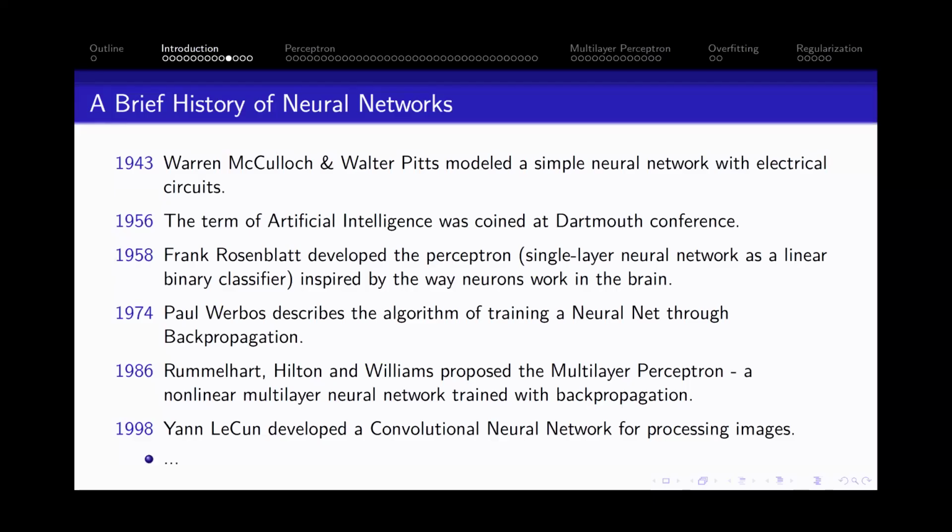Maybe one outstanding advancement of neural networks was in the late 90s, when Yann LeCun developed CNN. He's known as the godfather of AI, and he has a talk today at our institute. So it's by coincidence that he's coming.